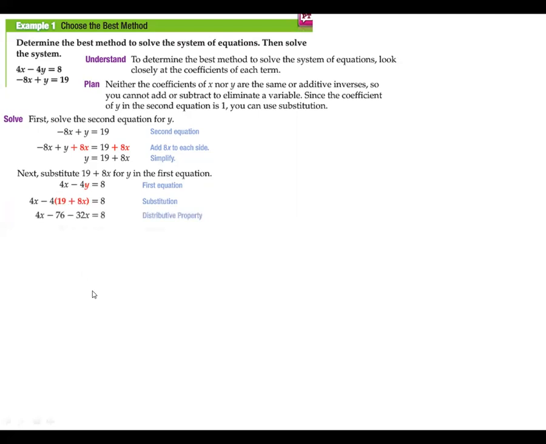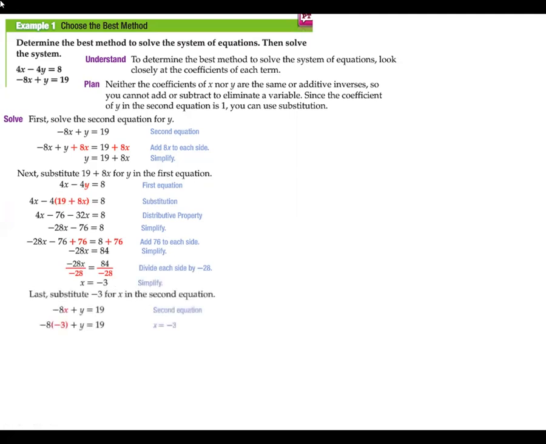Add 8x to both sides, and you get the second equation in terms of y, and then substitute that in for y in the first equation. Make sure you put parentheses around it because you're multiplying -4 times what you substitute in for y. Then distribute the -4, combine like terms, add the 76 to both sides, and then divide both sides by -28, and you get x equals -3.